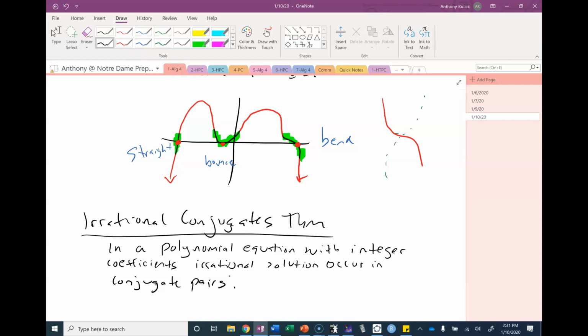The irrational conjugates theorem says in a polynomial equation with integer coefficients, irrational solutions occur in conjugate pairs.